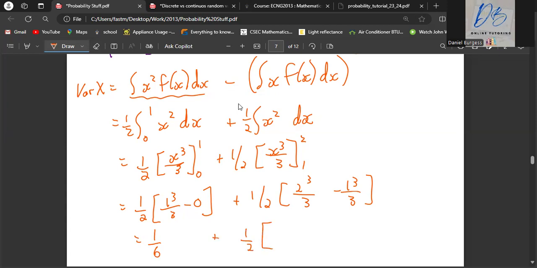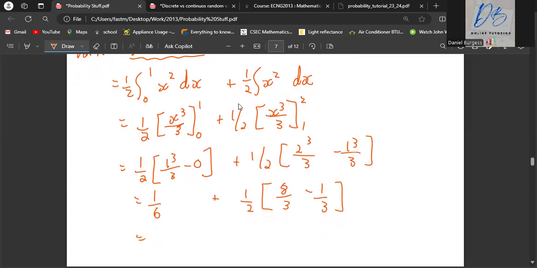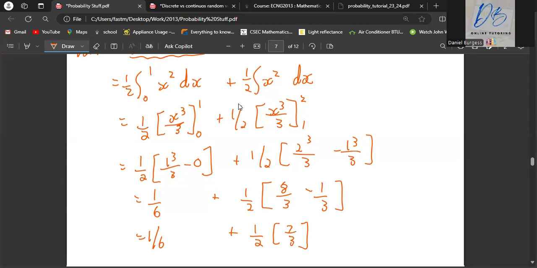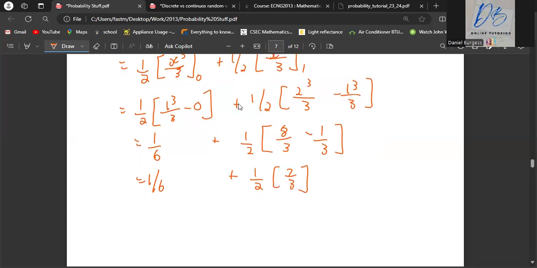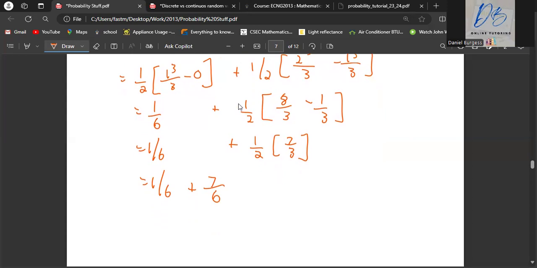And 2 to the power 3 is 8, and 8 on 3 minus 1 on 3 is 7 on 3. So that'll be 1 on 6 plus, so you multiply that, 7 on 6. So that'll give you 8 on 6.